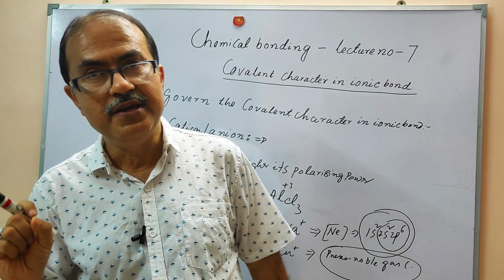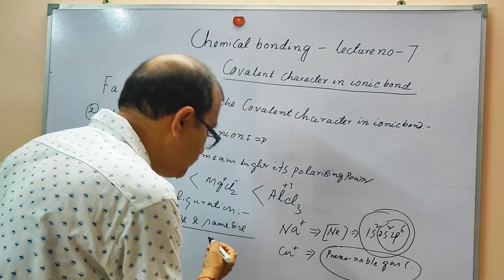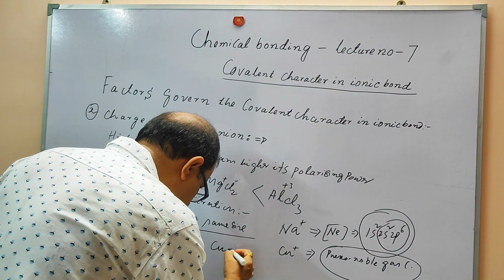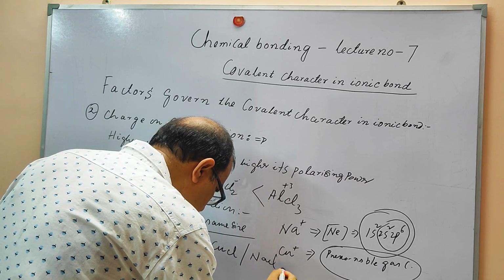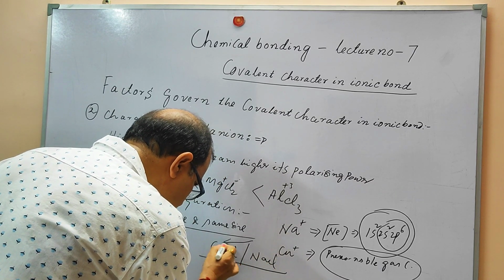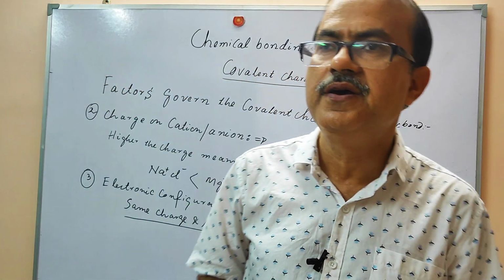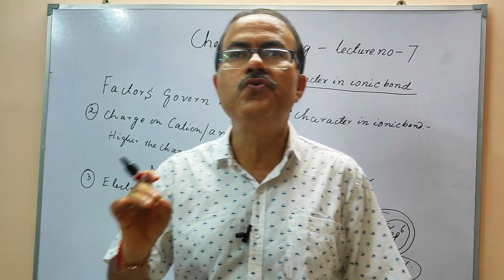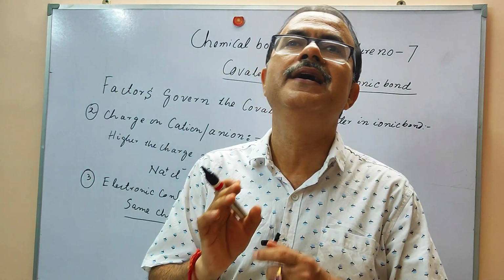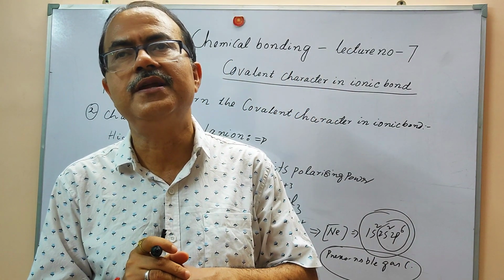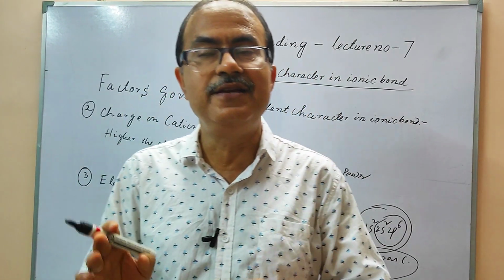In this way, if you compare the covalent character of CuCl and NaCl, you will find CuCl has a higher covalent character than NaCl, due to this very important thing, the pseudo noble gas electronic configuration with 18 electrons in the outermost shell, as compared to sodium, which has only 8 electrons.